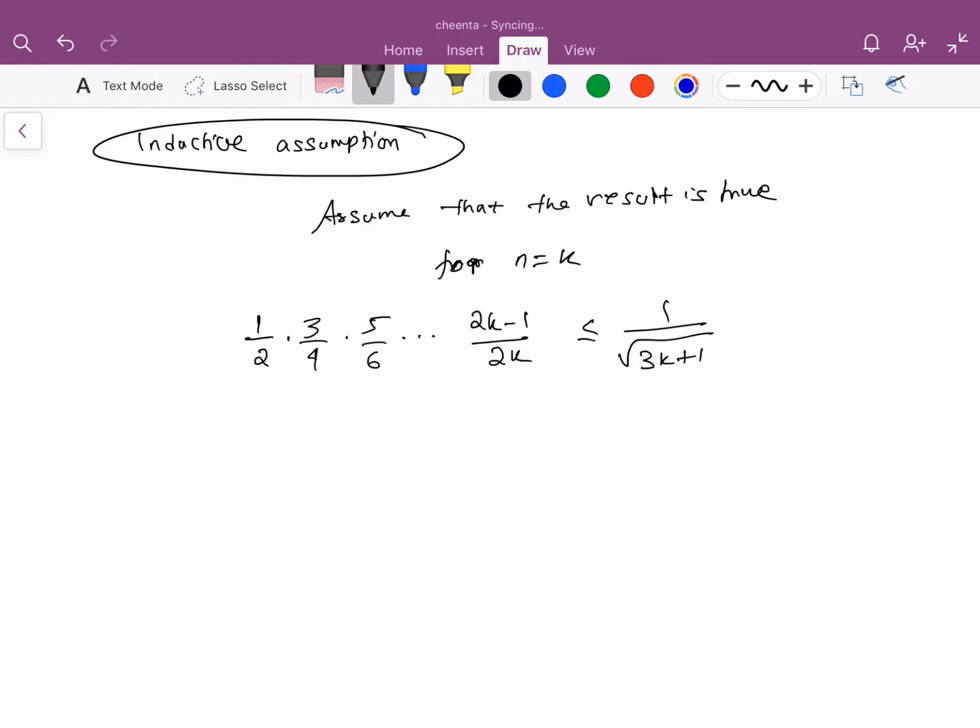In fact, I shouldn't even bother to write 3 over 4 or 5 over 6 because we have just checked with n equals to 1. Anyways, doesn't really matter.